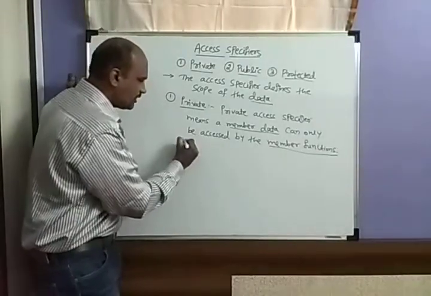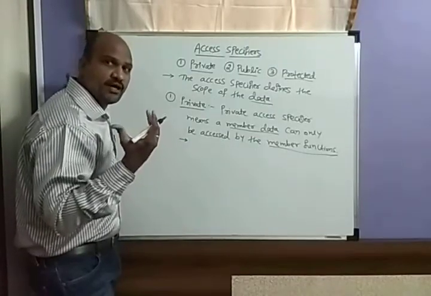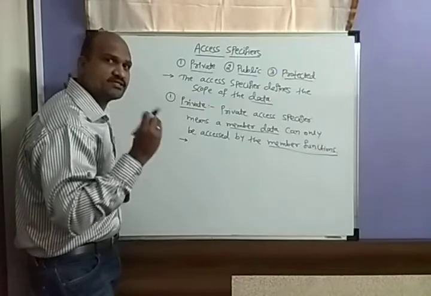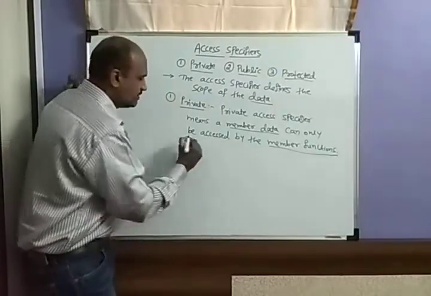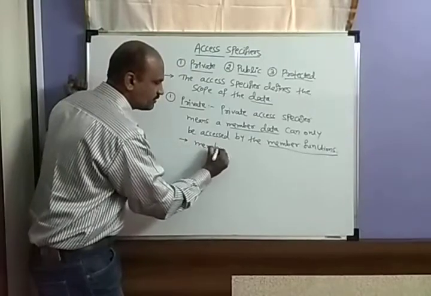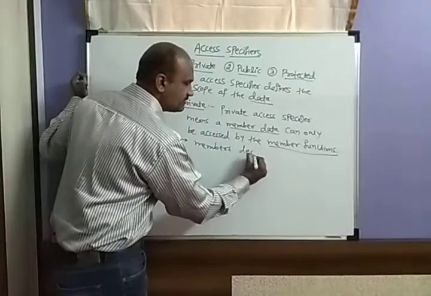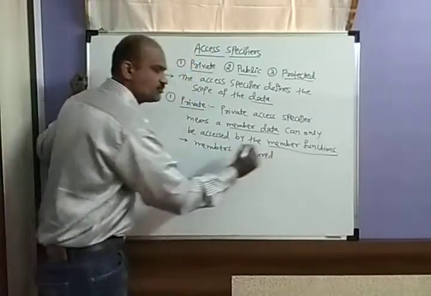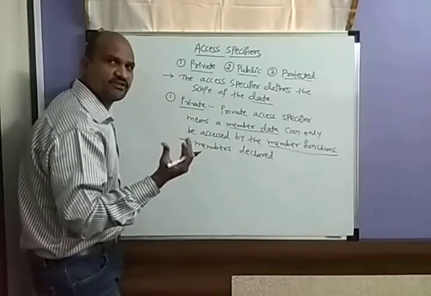And the second point: the members declared under private are accessible only within the class. That is a very important point. If you declare int a, int x, those are the member data.